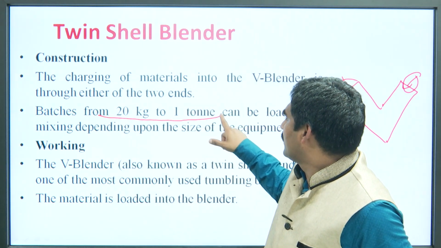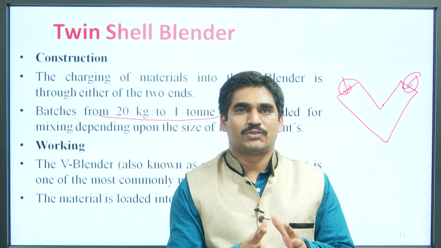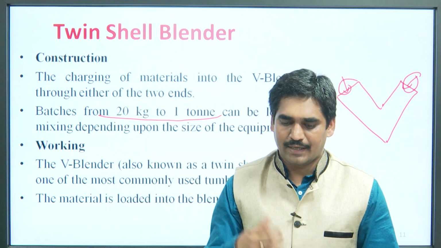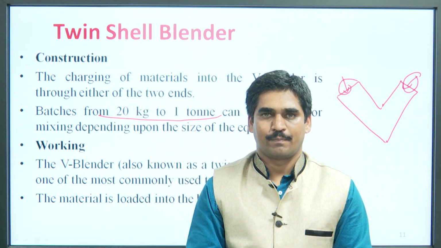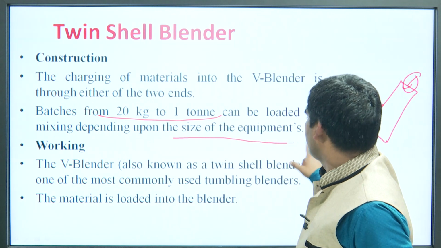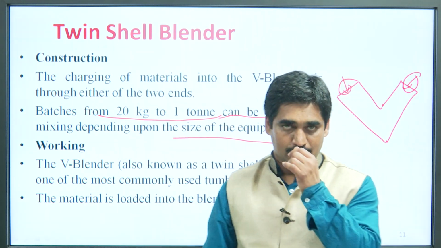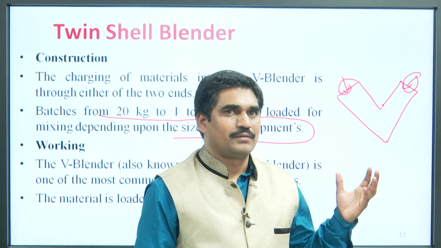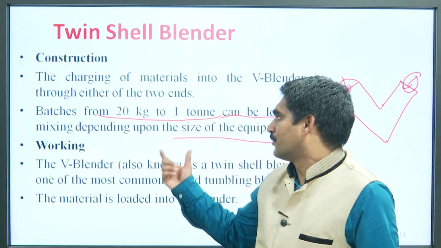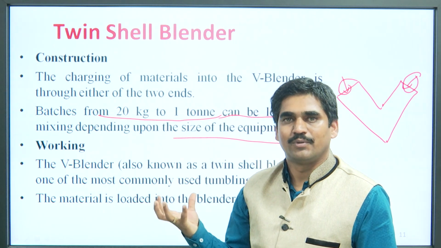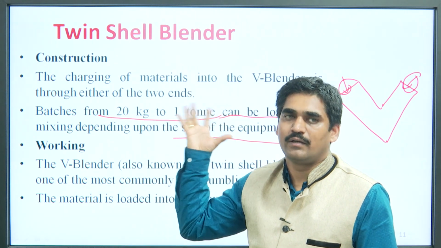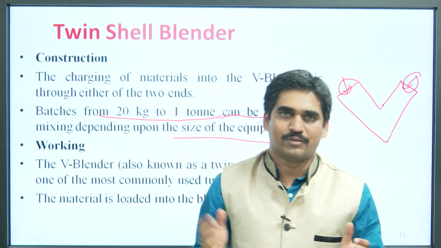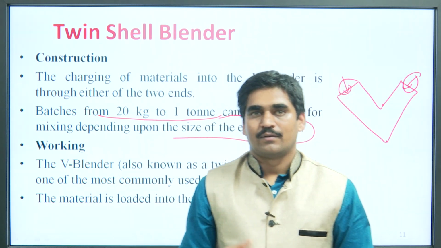A batch of 20 kg to 1 ton can be loaded for mixing depending upon the size of the equipment. So, the capacity of this blender ranges from 20 kg, a smaller size, to around 1 ton, such a big size of equipment.